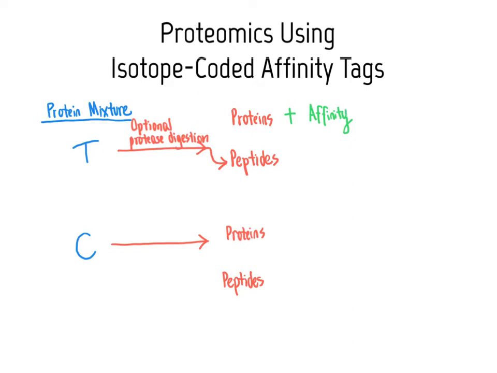Additionally, we have what we would refer to as the mass-coded linker. And what's going to be special and unique about the mass-encoded linker is that it is going to have specific isotope-labeled atoms here.